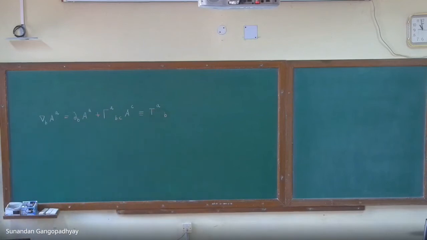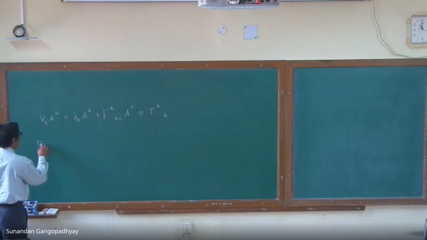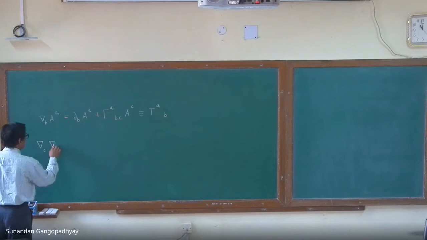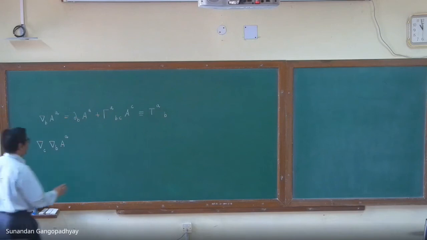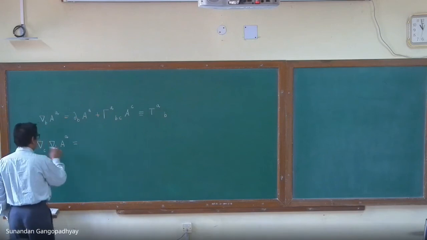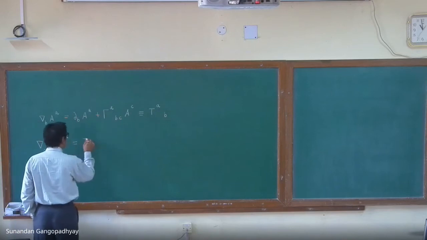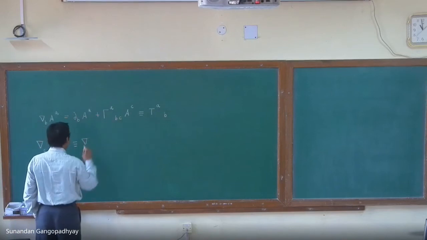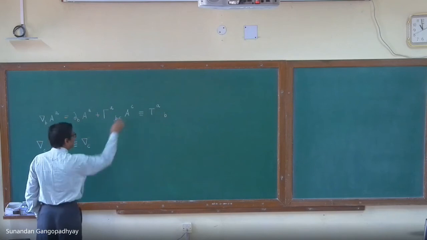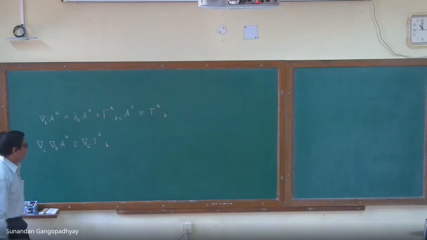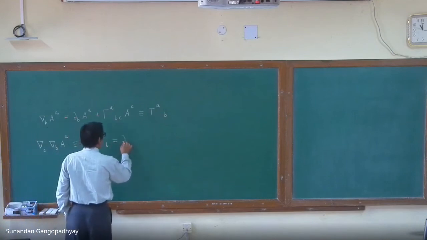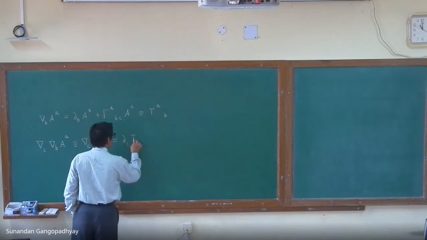We shall now calculate this, and if we calculate this, take another covariant derivative. So this is basically nothing but some of our notation that we have used, just for convenience. Then we use this notation T^A_B, and this will be therefore C.